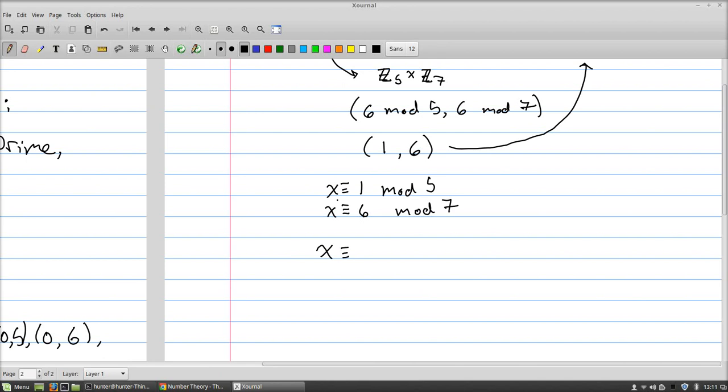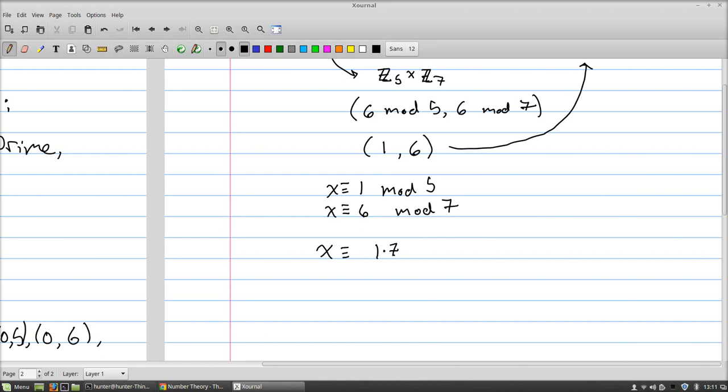We want x to be congruent to 1 mod 5. So we'll put in a 1 there, but we want this 1 to be irrelevant down in the 7 case. So we'll multiply it times 7 so that this part will vanish when we're evaluating mod 7.